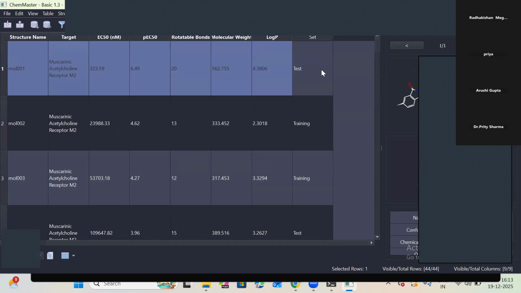So next, this is the third step. We want to divide the test and training. And the next step is we want to build a model and analyze the model.